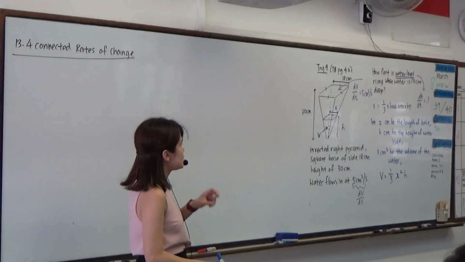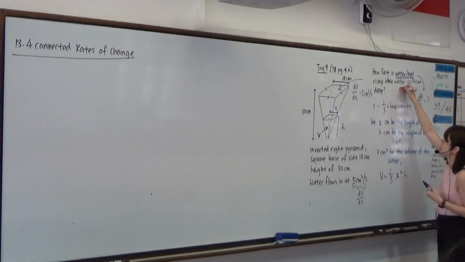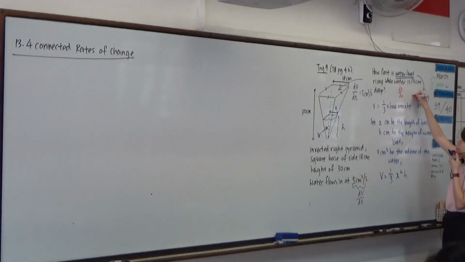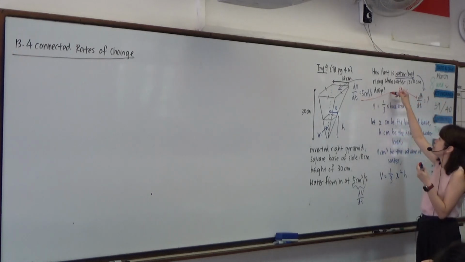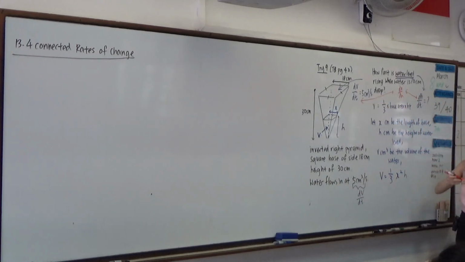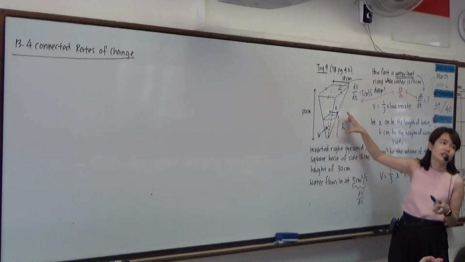So just now as mentioned, we were missing the connecting piece of dV over dh in order to tie up my dh over dt and dV over dt. So how do we figure out our dV over dh when our formula over here is 1/3 x squared h? Our x is a variable because x will definitely change when my height changes as well.